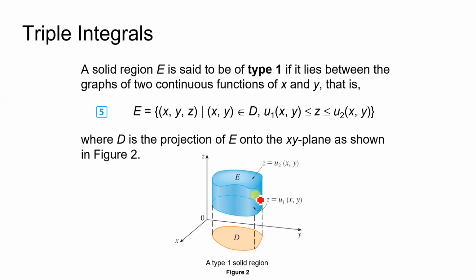In this type, this is the solid E, and it is bounded below and above by the functions of x, y, u1(x,y) and u2(x,y), whereas the region D is the projection of this solid onto the xy plane. So (x,y) belongs to this region D, and these can be determined with the help of the methods we have already learned in the case of double integrals.